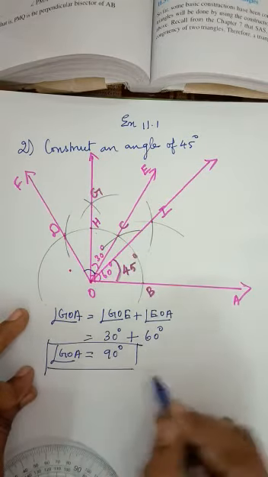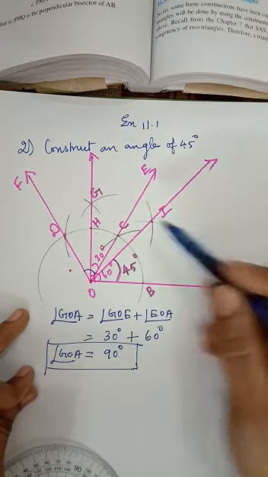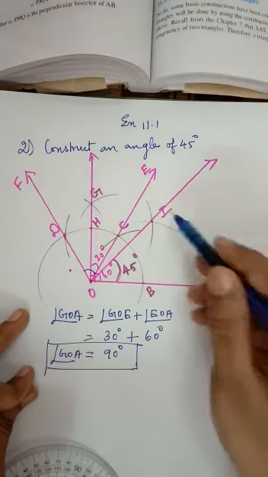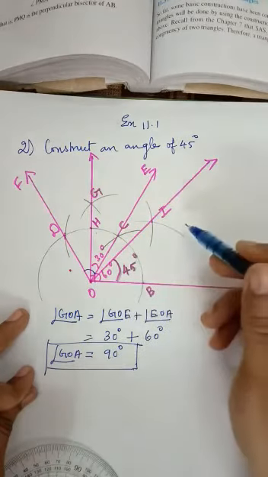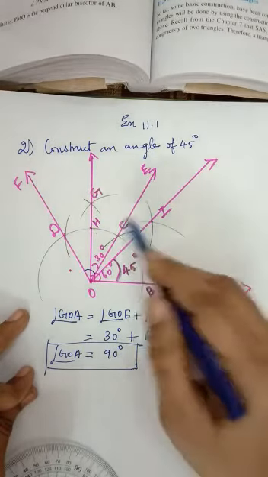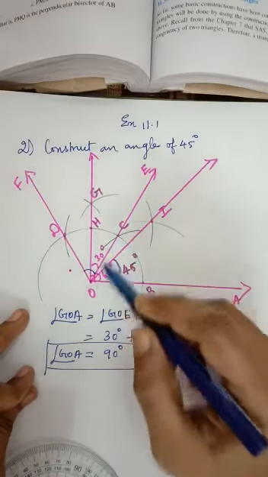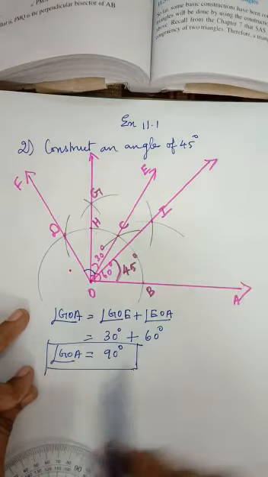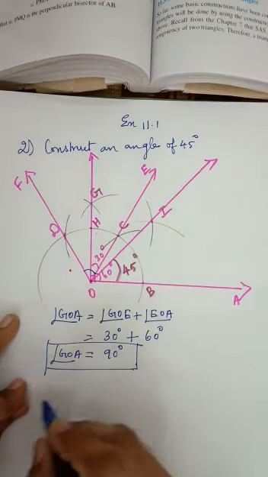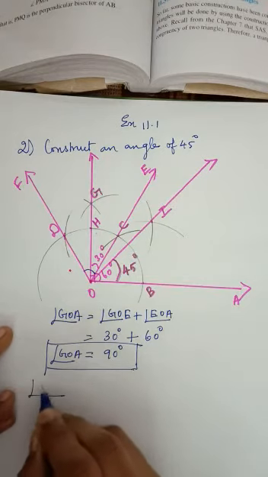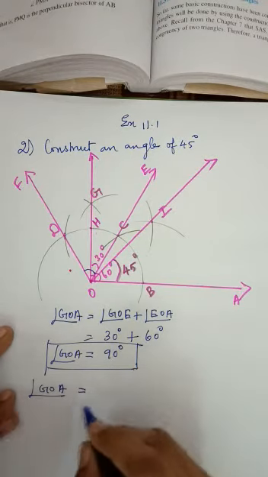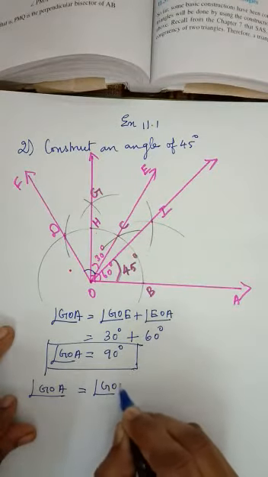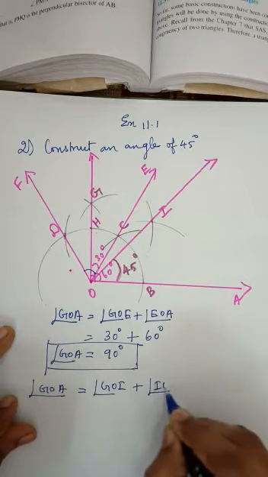Is it clear? Now we have to prove angle GOI is equal to angle IOA, and both are equal to 45 degree. Students, listen, take angle GOA, that is equal to angle GOI plus angle IOA.